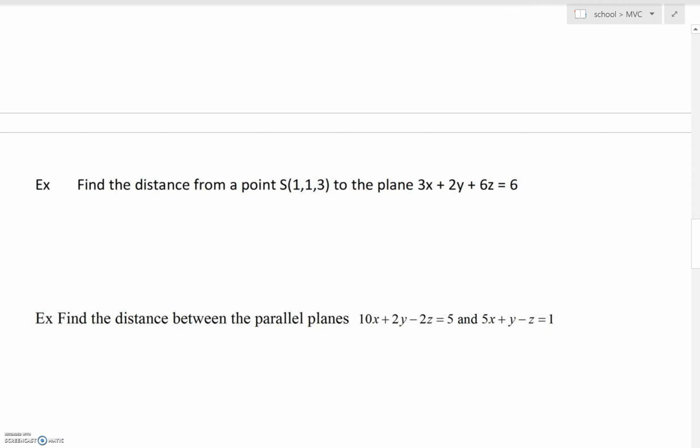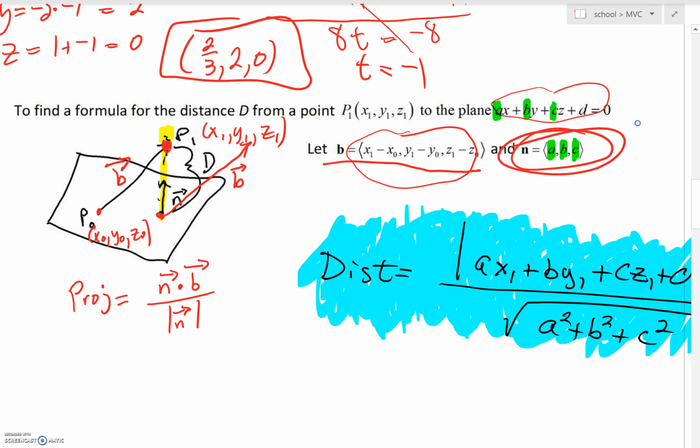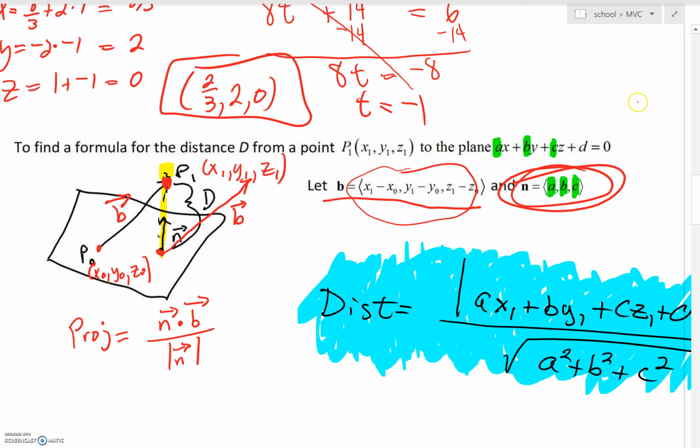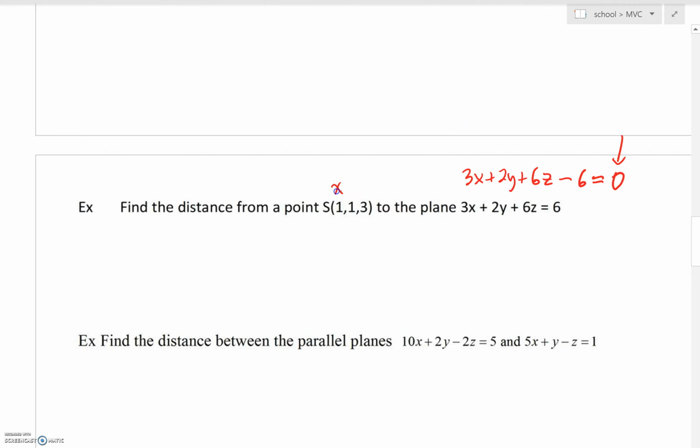As I have a plane, 3x plus 2y plus 6z equals 6, you know what? We could, in a heartbeat, just subtract that constant over. You always need to have 0 in this formula for the equation of the plane, 0 on that right side. And here is your x1, y1, z1.